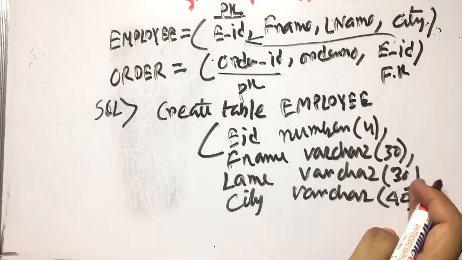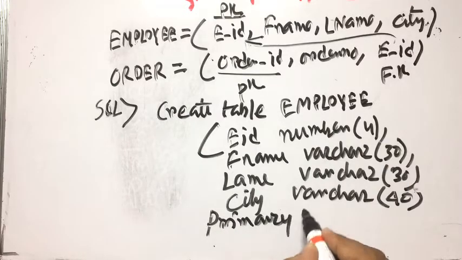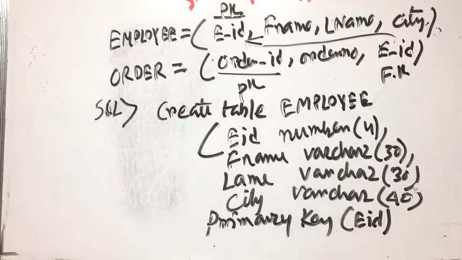And there is a primary key: EID is the primary key. Now this is the creation of the employee table.